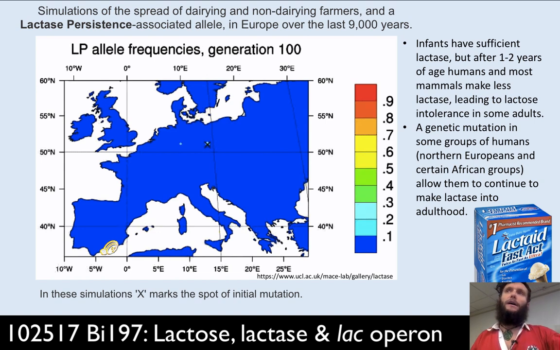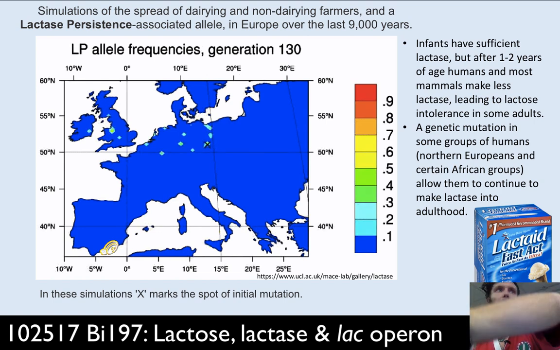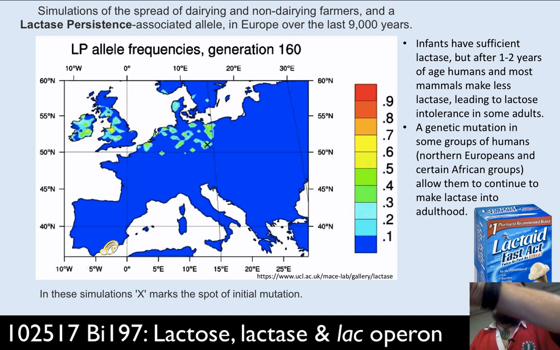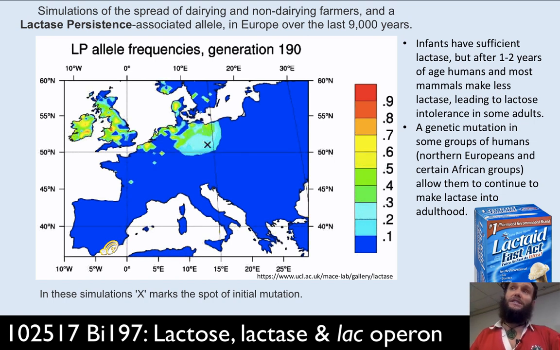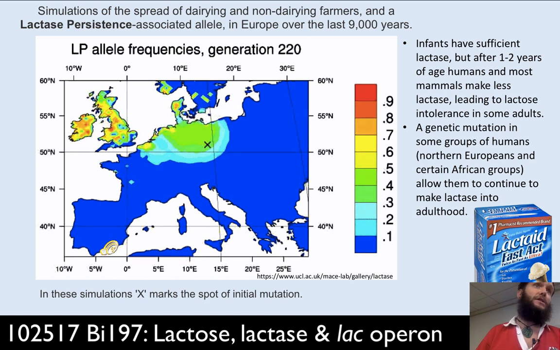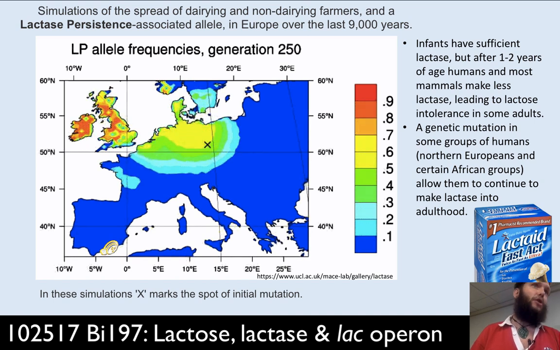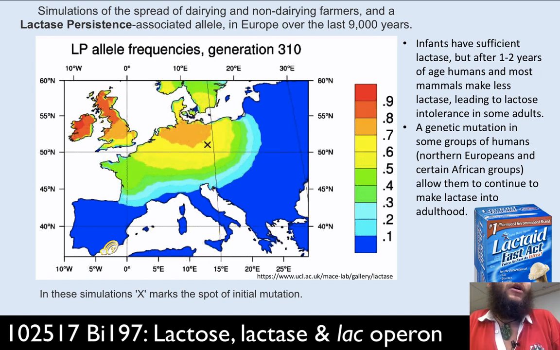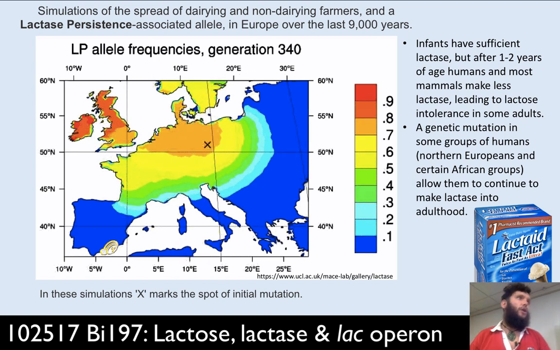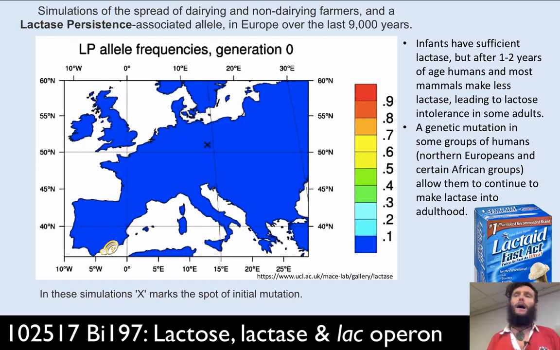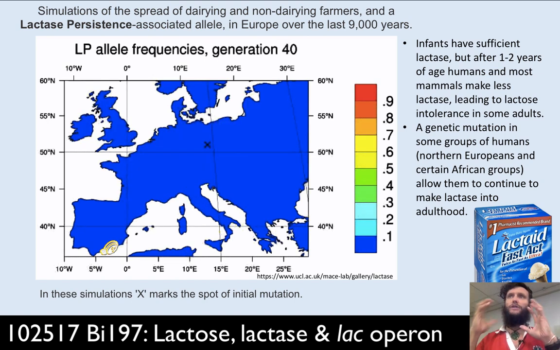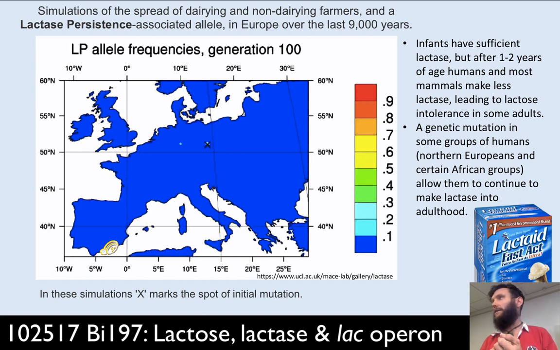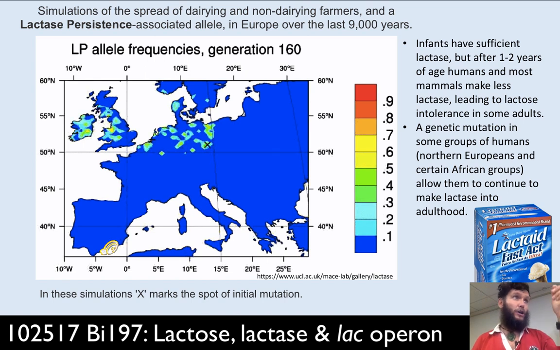However, the question is not where does lactose intolerance come from, but where does the persistence of lactose tolerance come from. So people who can still drink milk as adults. Apparently, the mutation that happened in humans sometime after the advent of agriculture and husbandry happened in Europe.